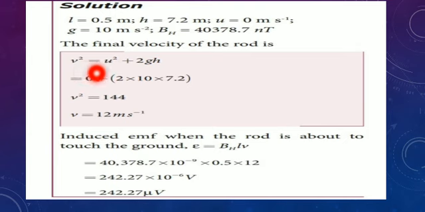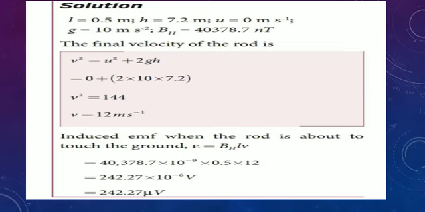Therefore v square is equal to u square plus 2gh. So the initial velocity is 0 plus 2 into g value 10 and the height 7.2 meter. Therefore v square is equal to 144, and v is equal to square root of 144, which is 12 meter per second. Okay, velocity.